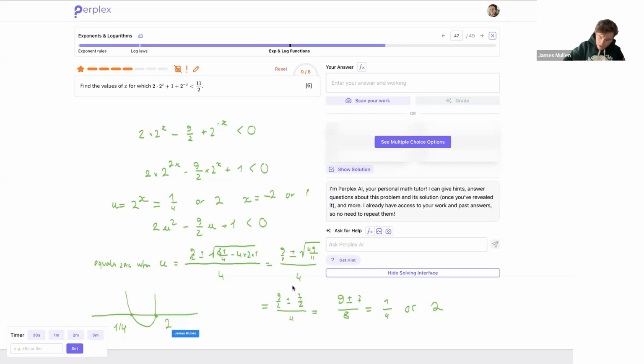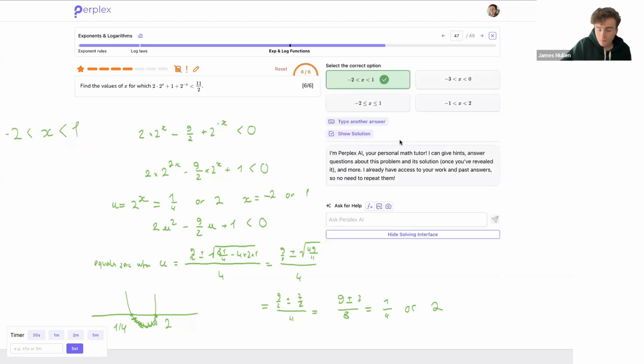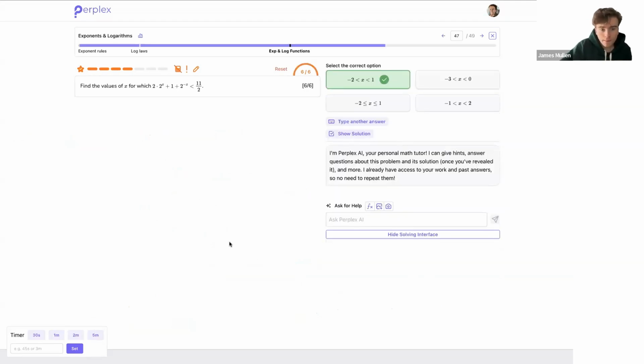And we're looking for this region, the negative region, which means our answer is an exclusive inequality. So we're looking for x bigger than minus 2 and less than 1. That is my answer.